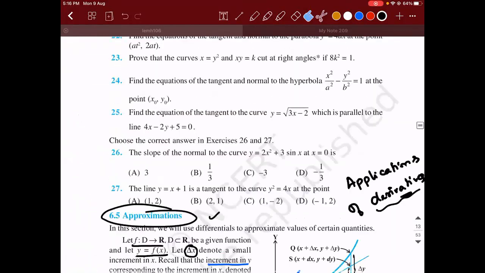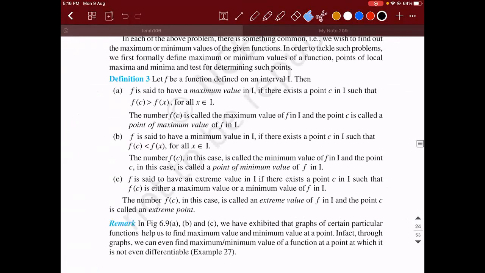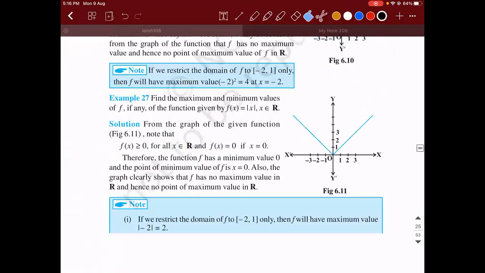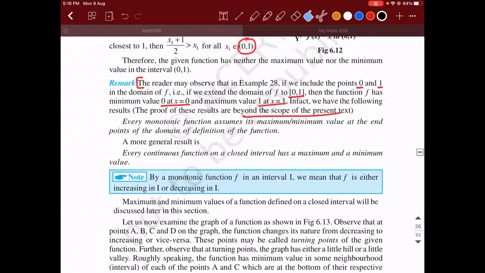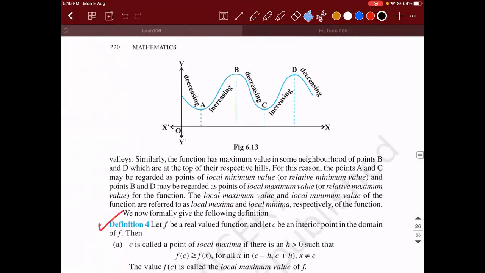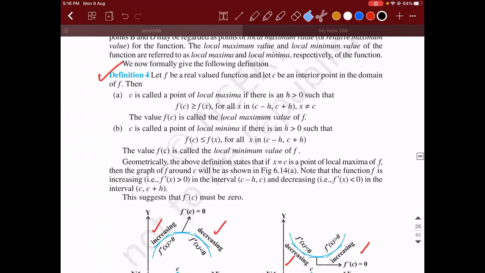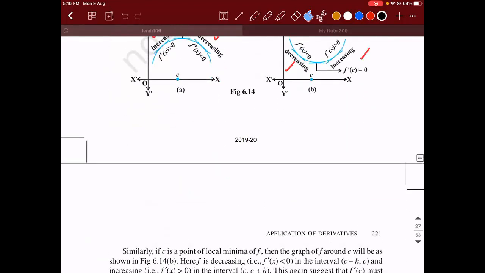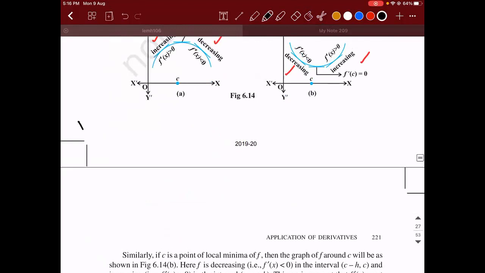Next is the concept of maxima and minima. All right, so tell me, what is the condition for maxima or minima at a point? f dash of x equal to 0, and f double dash of x should be less than 0 for maxima.